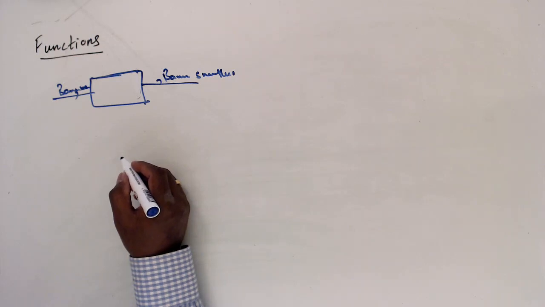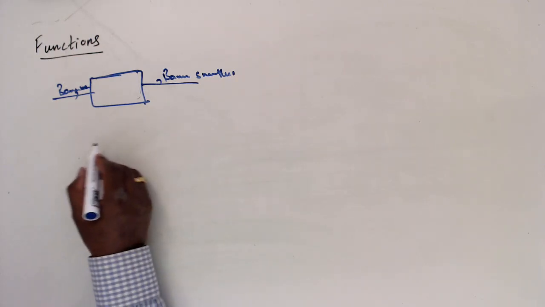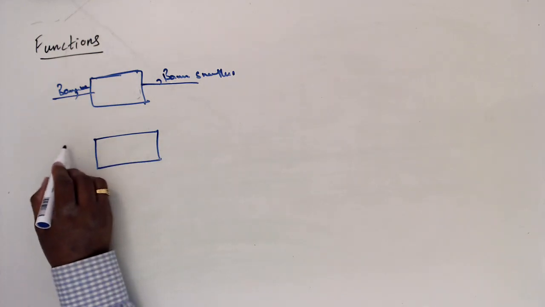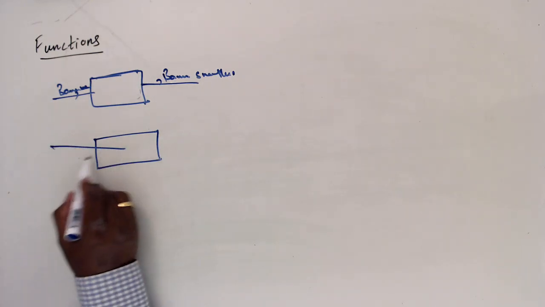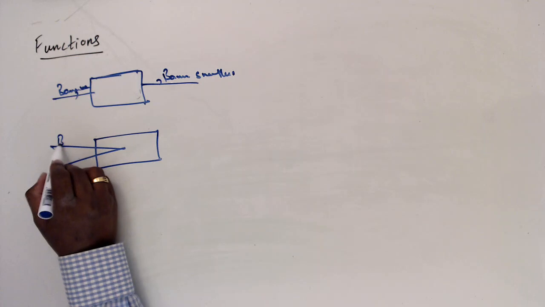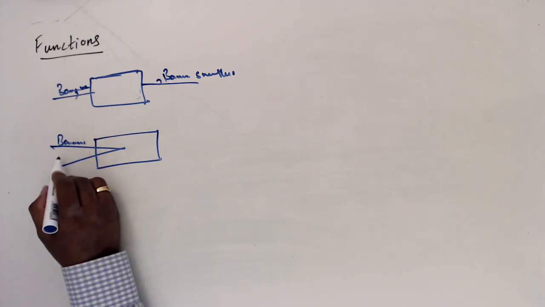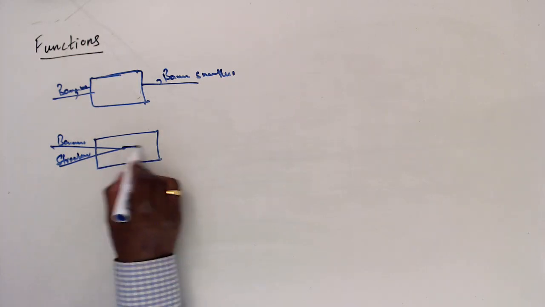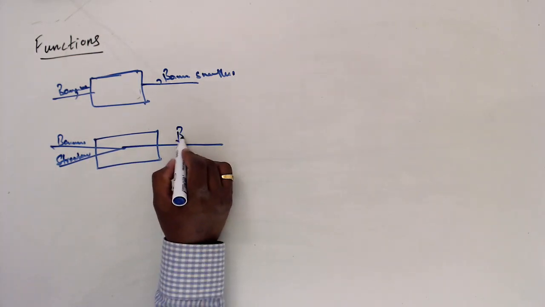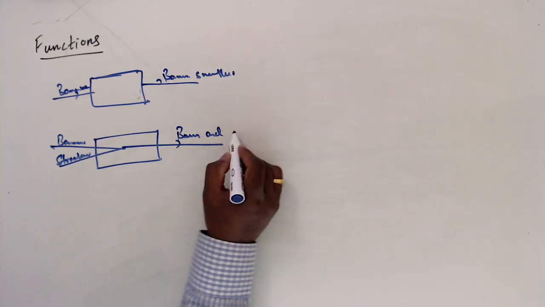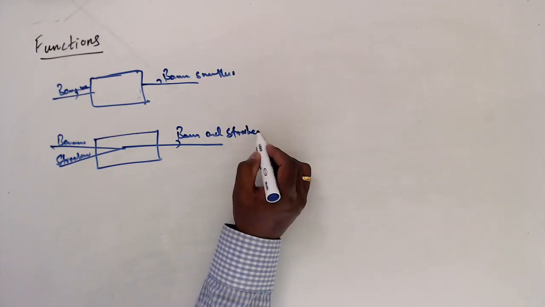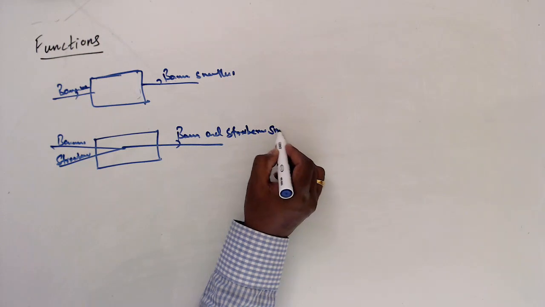And the other one is, if we put 2 together, a banana and a strawberry, then we will get a banana and strawberry smoothie.